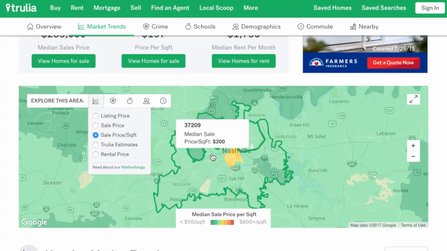So in 37209, it's got a median sale price of 200. So if I go up here, look at that, drops to 95. It's just a different way of looking at how the market changes in Nashville. And we'll come to this in a minute. We're going to talk about how to look at the pricing breakdown.